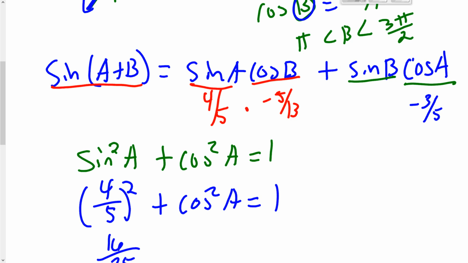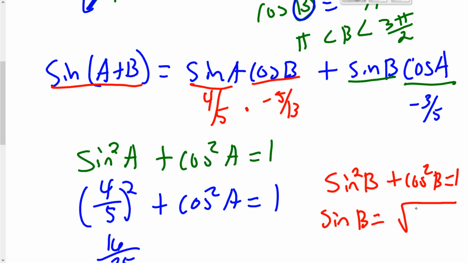Now we just need to find sine of B, and we can do the same kind of method. Sine squared of B plus cosine squared of B equals 1. And so that means that sine of B will equal the square root, plus or minus, of 1 minus cosine squared of B. So what's cosine of B?